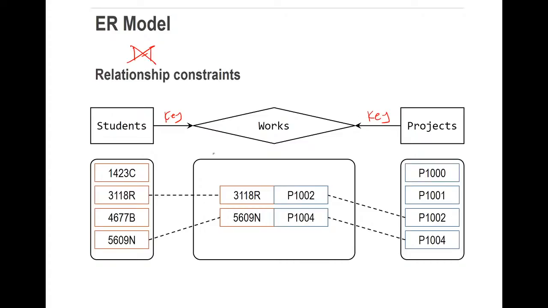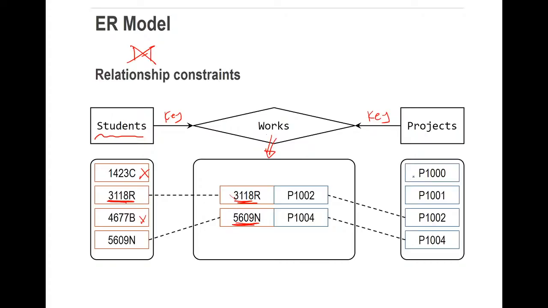So let's talk a little bit more about what this means. If I have a student, let's say this student, either the student has an entry in this particular table, or the student doesn't have an entry at all. If the student has an entry, then the student must have exactly one entry.